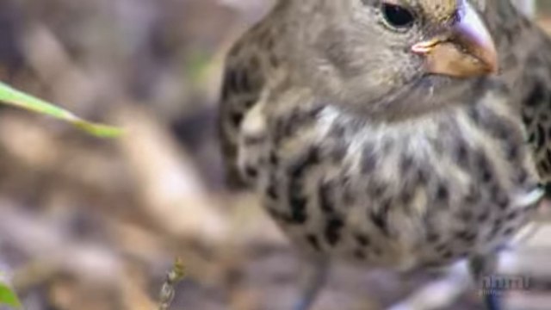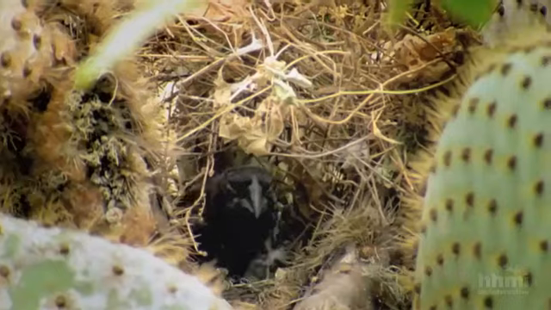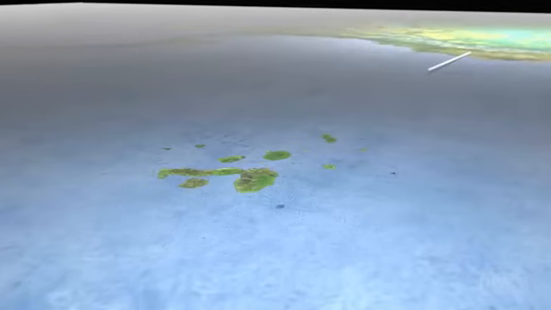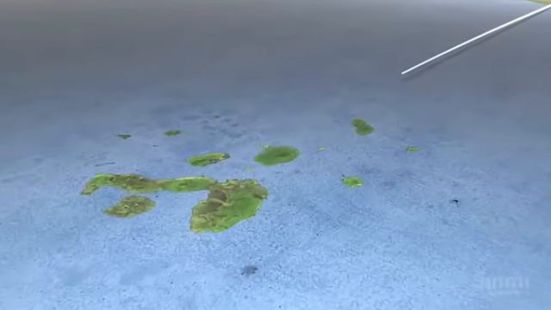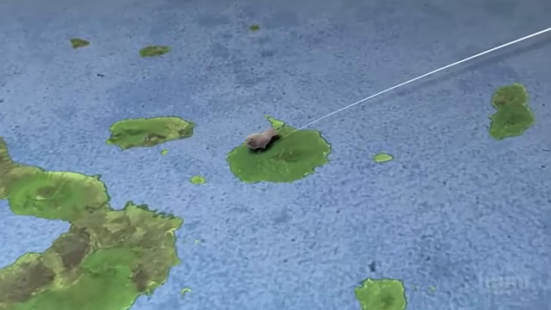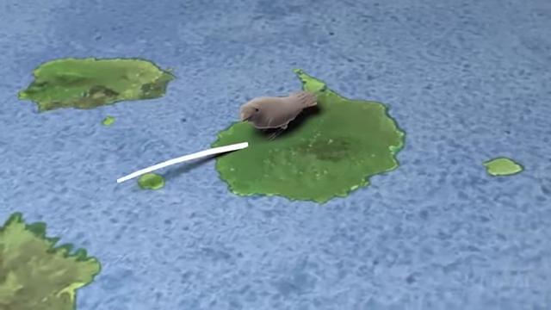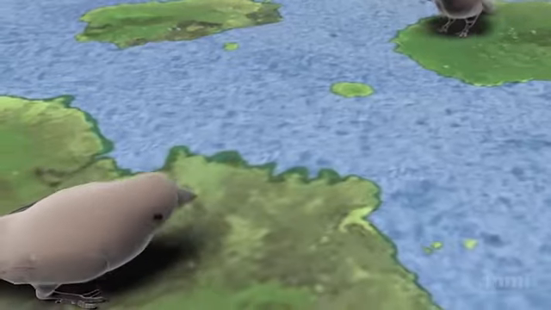The Grants have shown that both geography and ecology are keys to the evolution of the Galapagos finches. The most likely scenario is that 2 million years ago, a single finch population arrived from the mainland. When their descendants reached another island, they faced new conditions.